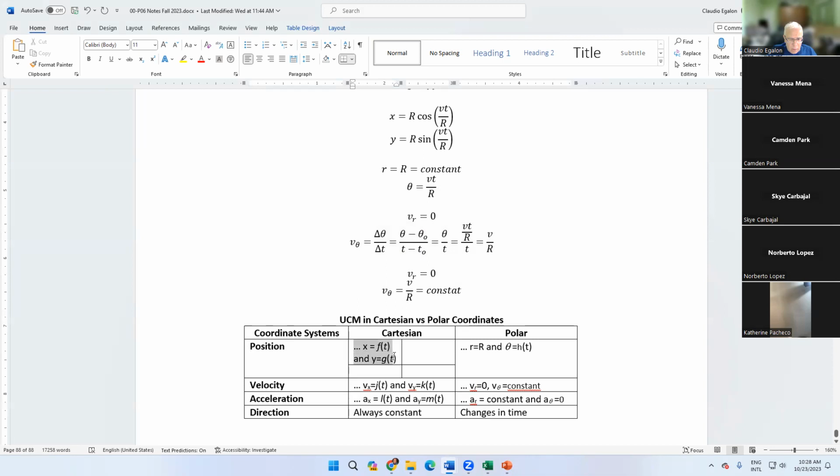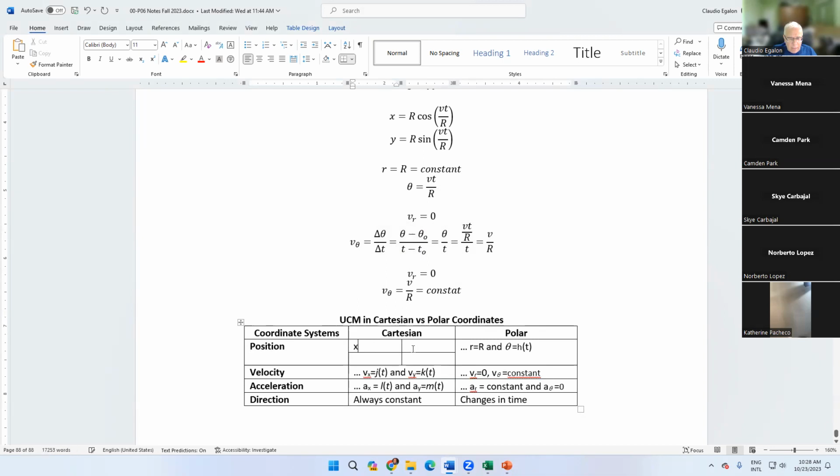Coordinate X, coordinate Y, right? I'm just elaborating what I did before. Position. And I already found it, it's something like that.